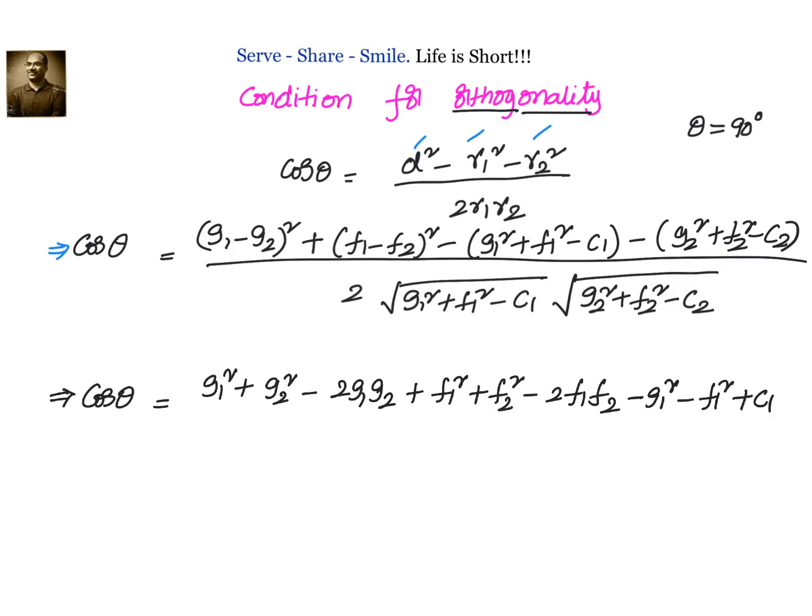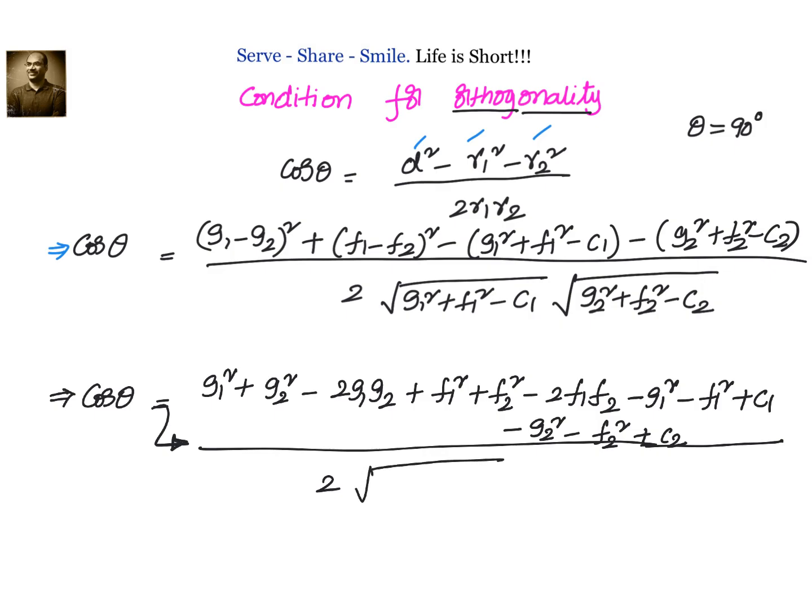Then we will have minus g2 square minus f2 square plus c2. This whole thing divided by 2 into square root of g1 square plus f1 square minus c1.